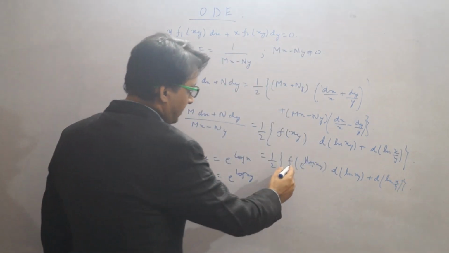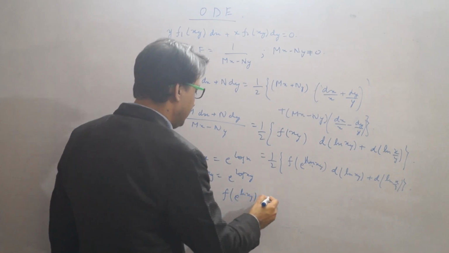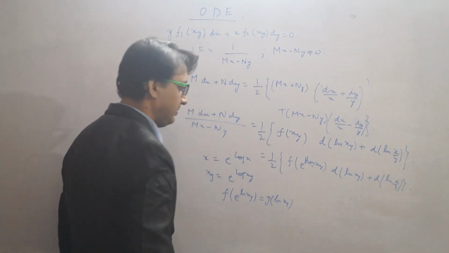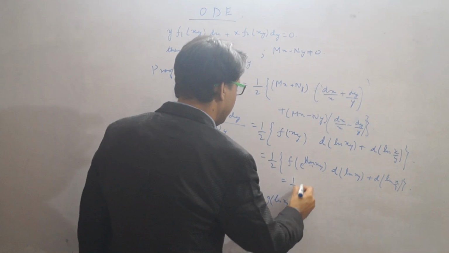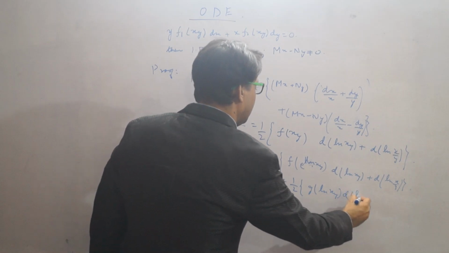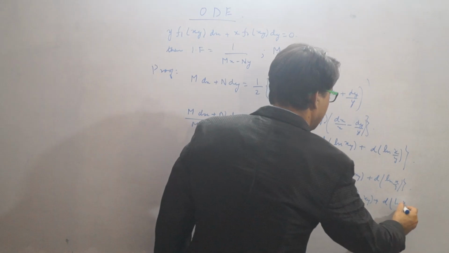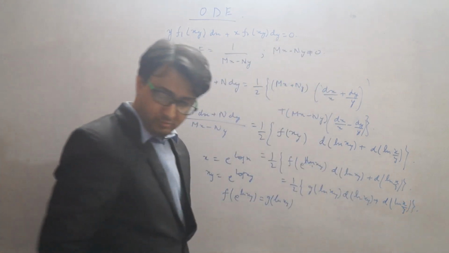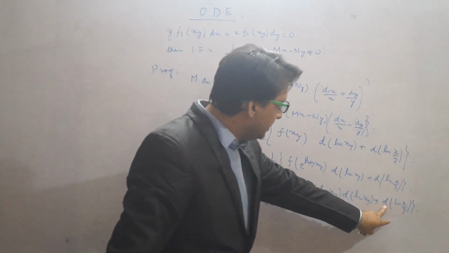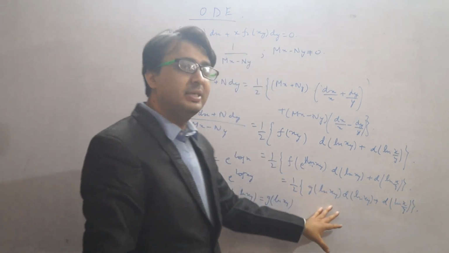So what I am saying is that I can replace this as any function g of ln xy. So this is half g of ln xy d ln xy plus d ln x by y. Now we can very well see that this is g of t dt plus d of say u. So this has again been an exact function.